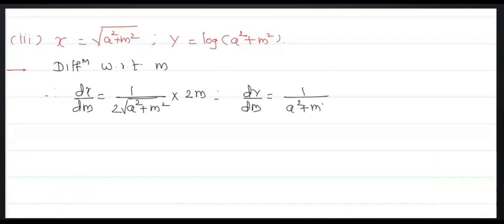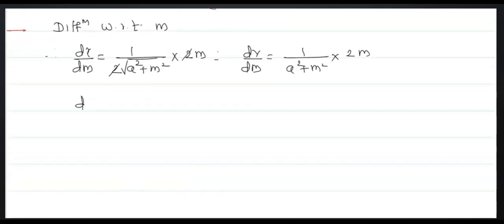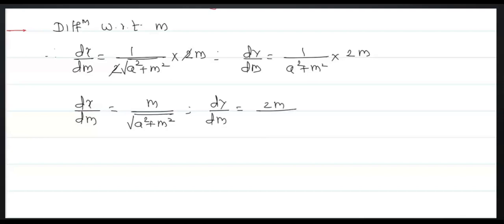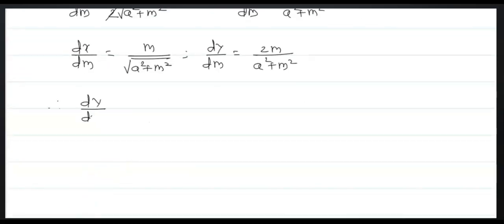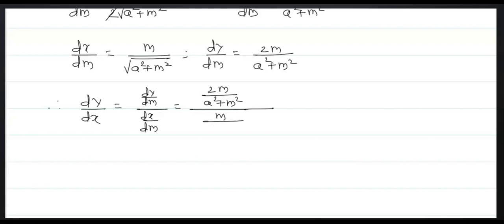See this here. dx/dm is equal to m upon square root of a square plus m square, and dy/dm is equal to 2m upon a square plus m square. Therefore, dy/dx is equal to (dy/dm) upon (dx/dm). That is 2m upon a square plus m square, upon m upon square root of a square plus m square.